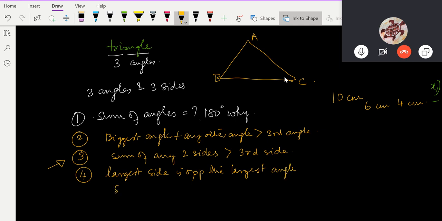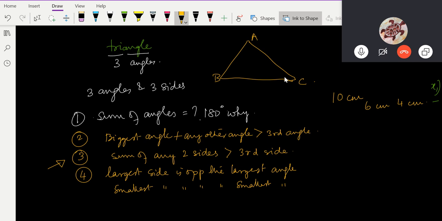Similarly, the smallest side is opposite the smallest angle, right? Correct?